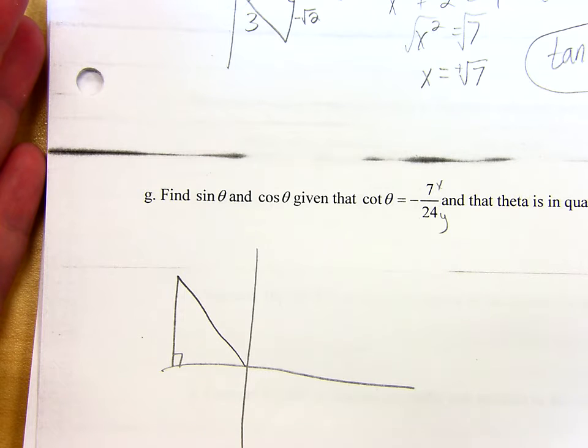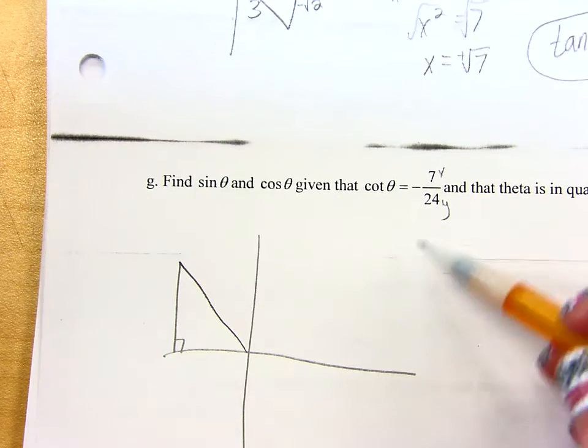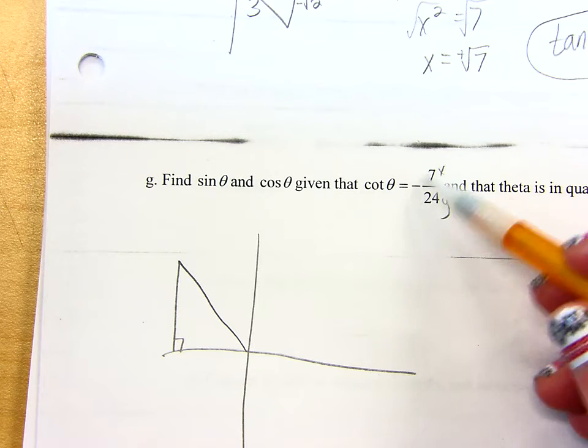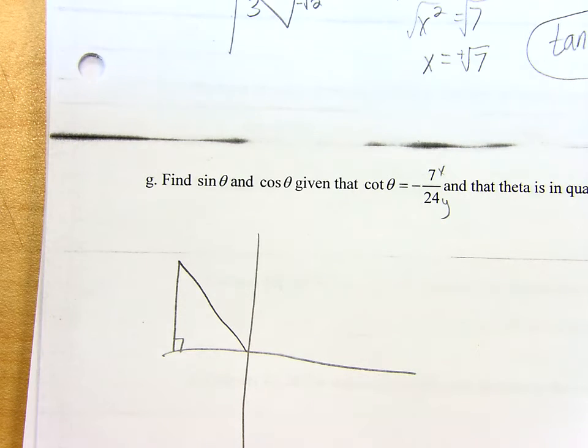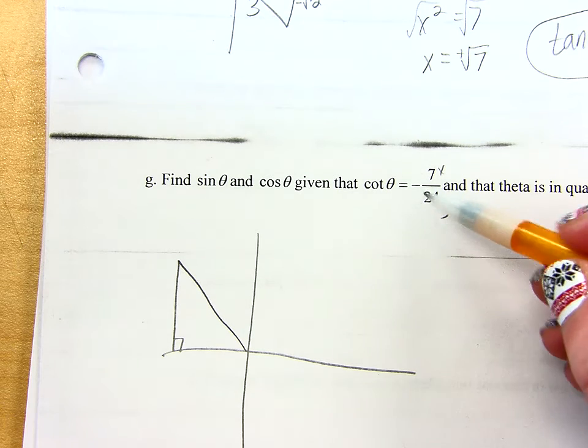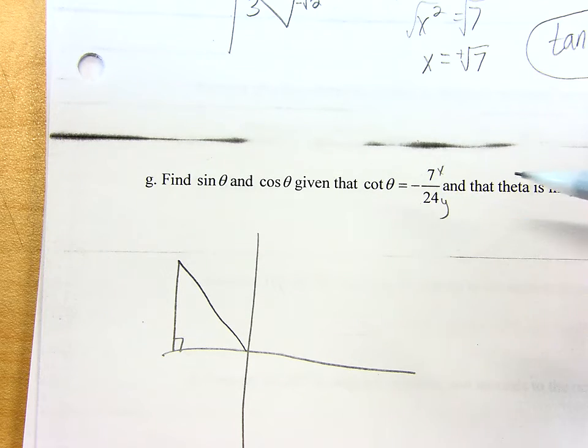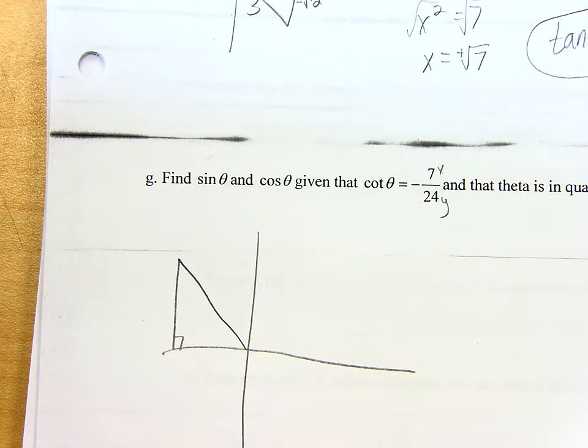But if I'm in quadrant 2, who must it go with? Couldn't this be called negative 7 over positive 24 or 7 over negative 24?